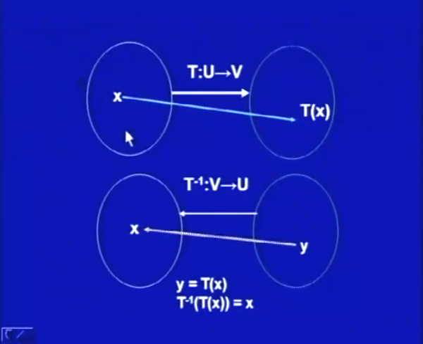If there are two different elements here, then they will map to one element here, and then this mapping has to be onto, because we have to take the same element y back to x. So, that is how we have the result. We say that invertible, non-singular and onto, they are equivalent.